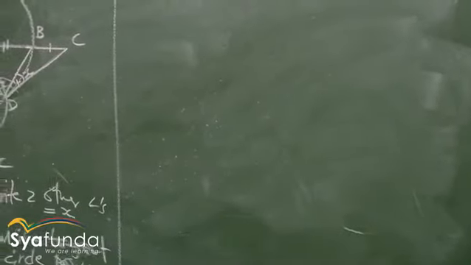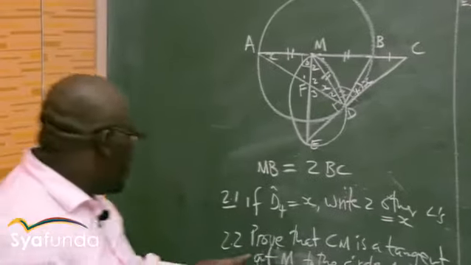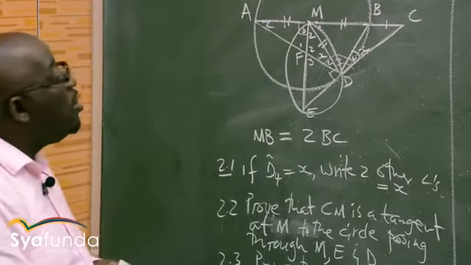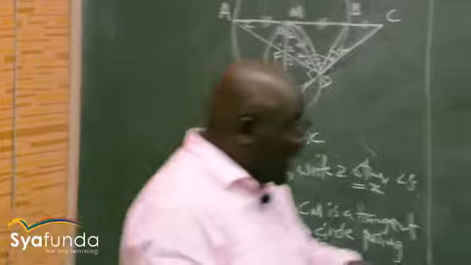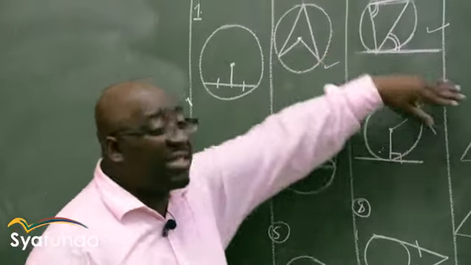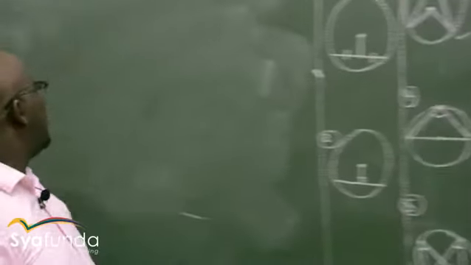Let's look at what we have here. We've got to show that CM is a tangent. The only way to do that is to show that if this angle is equal to that angle, then this line will be a tangent.